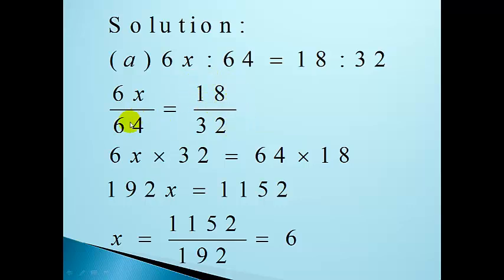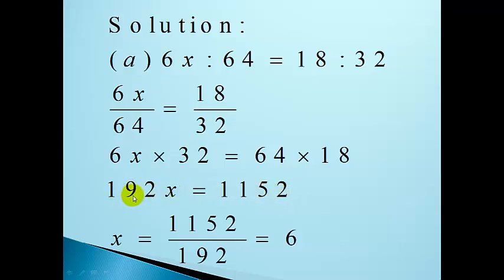Now, when we multiply 6x by 32, the answer is 192x. And this is equal to 64 times 18, which is 1152.